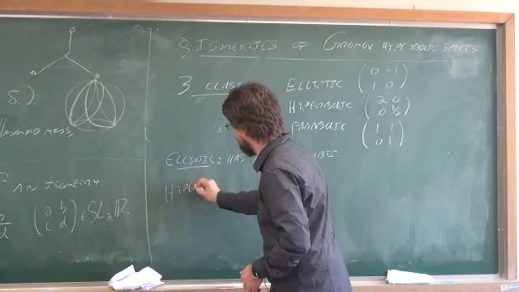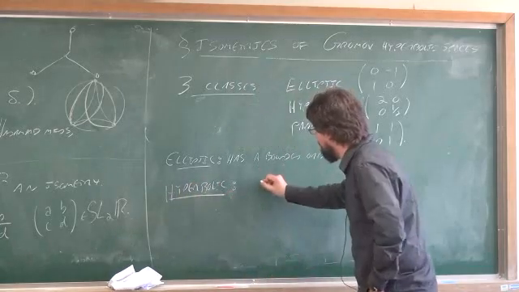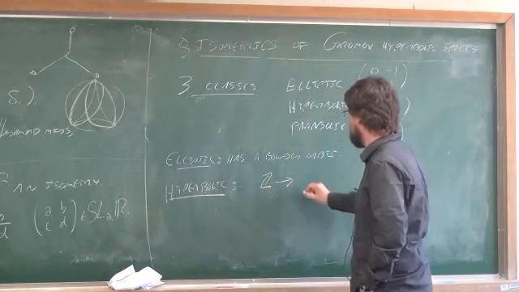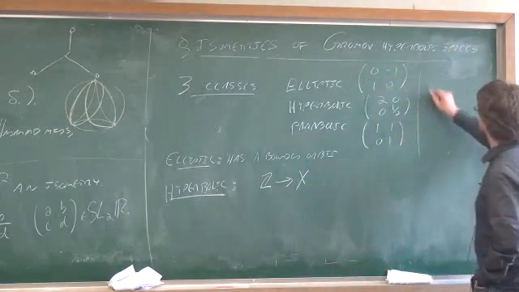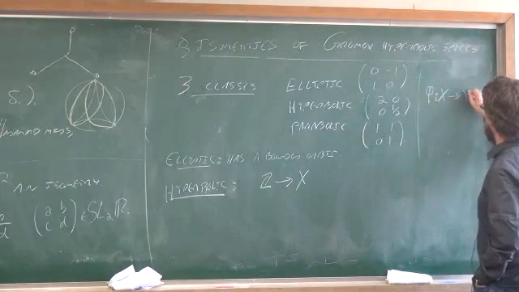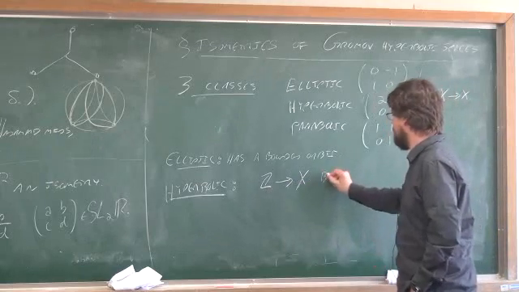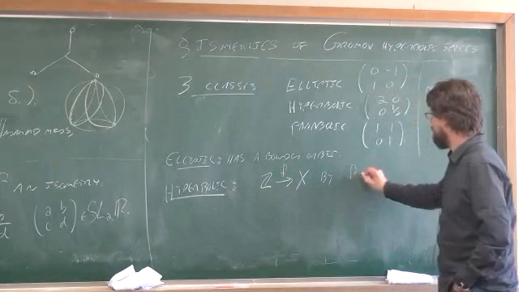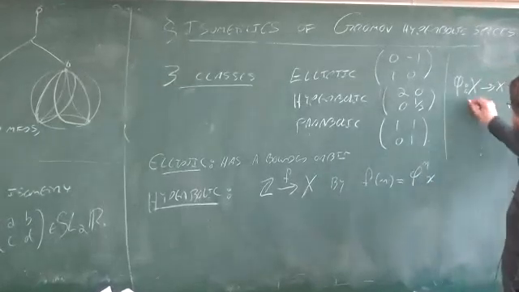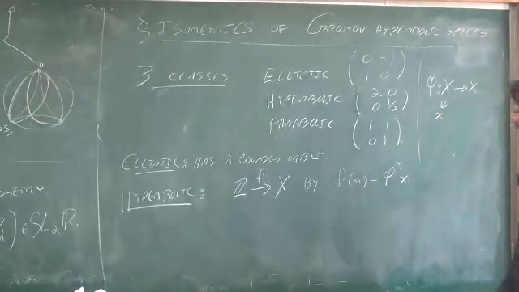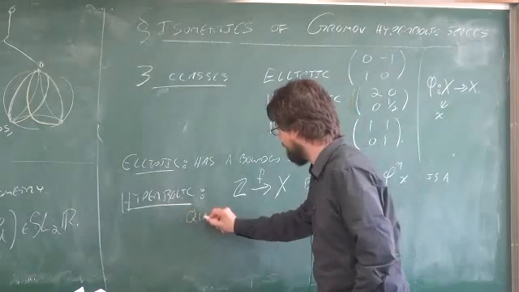Hyperbolic: if I look at the map from Z into X, so I've got some isometry phi from X to X. Now I think about Z going into X by f, where f of n is equal to phi to the n of x. So I fix some particular point x in X. This should be what's called a quasi-isometric embedding.